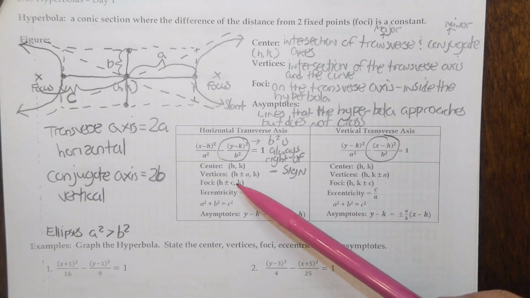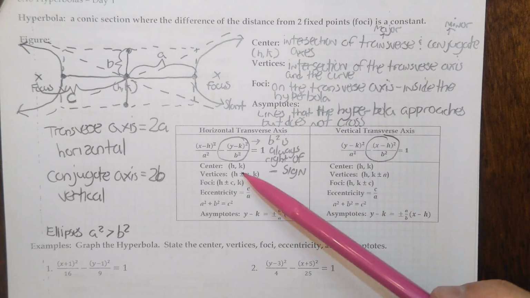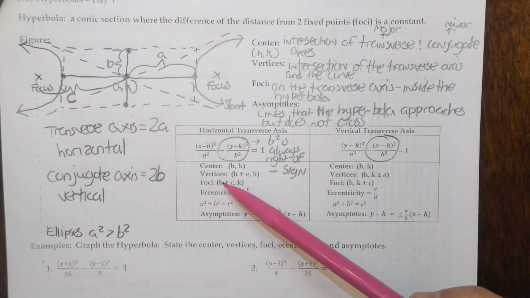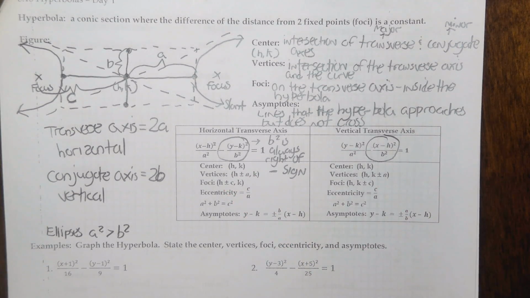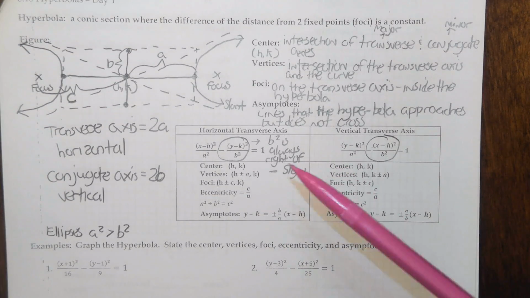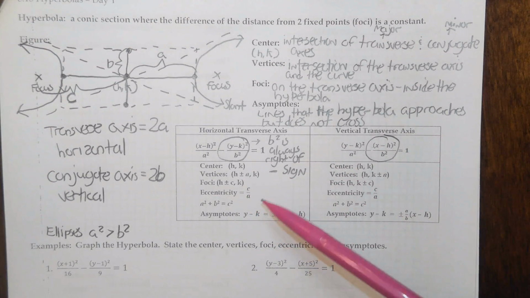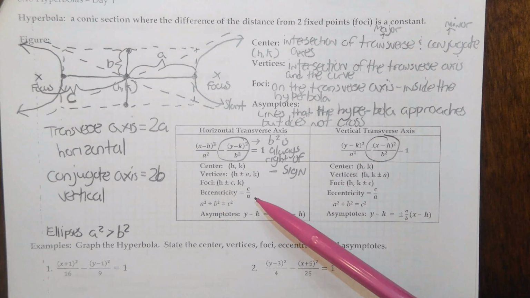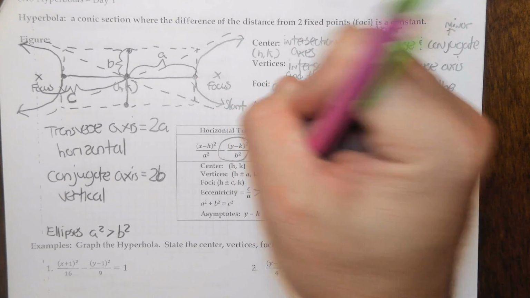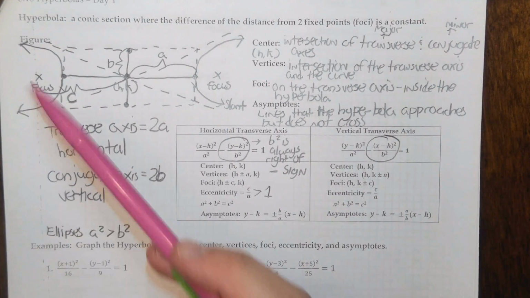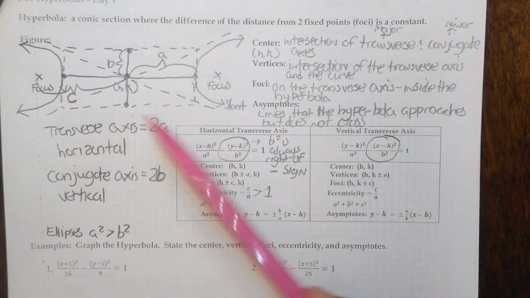Go ahead and follow all of our information here. This is how we find our stuff. You will have access to all these formulas when we have an assessment over this unit. Our eccentricity again is c over a, and it's always going to be greater than 1. That's why the focus is on the outside.